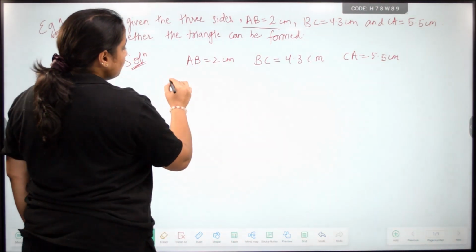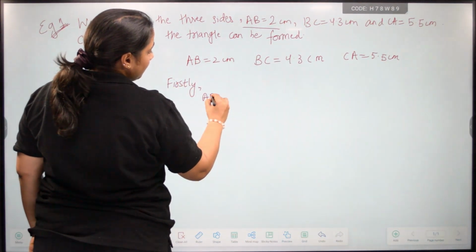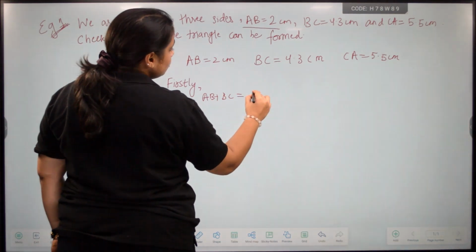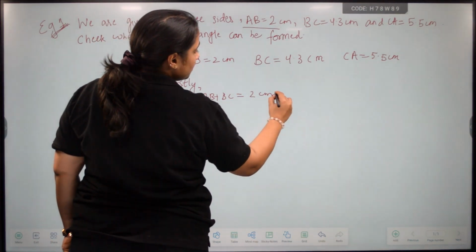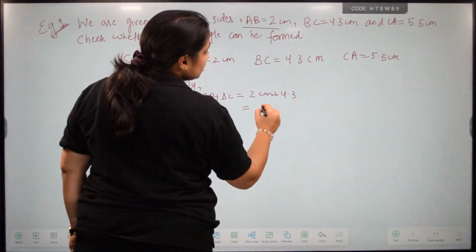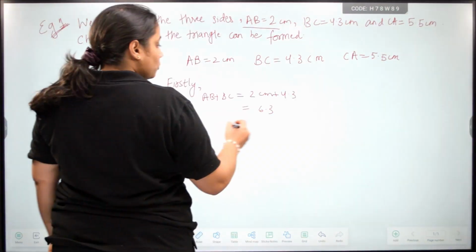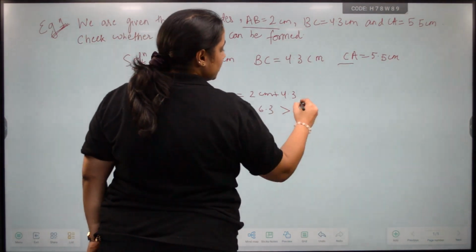Let's check. Firstly, AB plus BC equals 2 cm plus 4.3 cm, which equals 6.3 cm, which is greater than the length of CA.